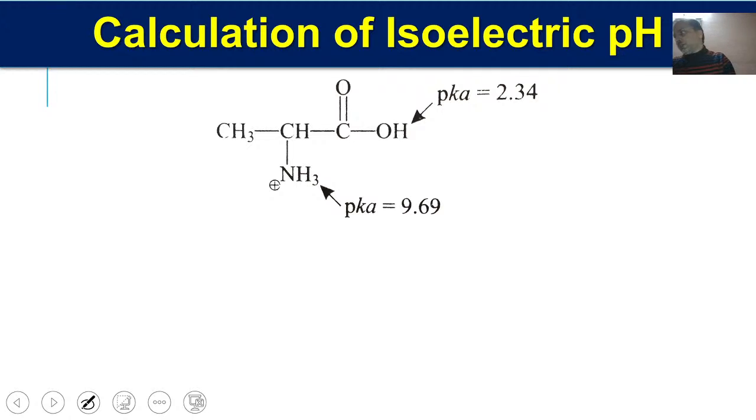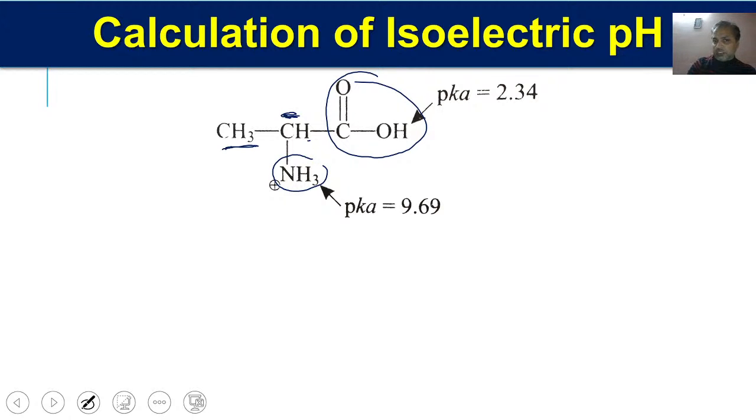Now we are going to see how to calculate the isoelectric pH, the isoelectric point. So here is an amino acid. You can see this is the central carbon. It has one R group as a methyl group, one H, one amino group, and one carboxylic group.